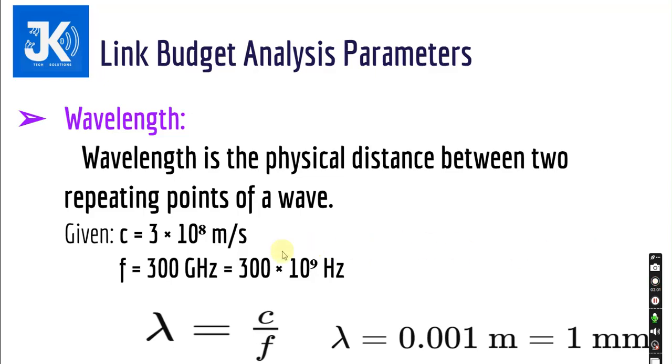The speed of light is c = 3 x 10^8 meters per second, and the frequency we have taken is 300 gigahertz, which is 300 x 10^9 hertz. The wavelength, denoted by lambda, is c by f. After substituting the values of c and f, we get lambda as 0.001 meter, which is equal to 1 millimeter.